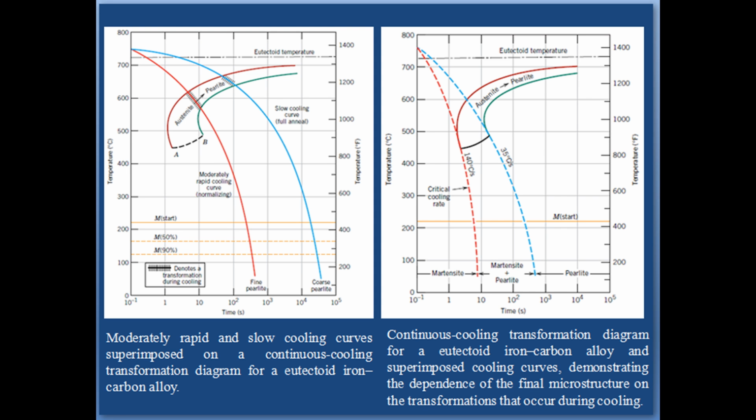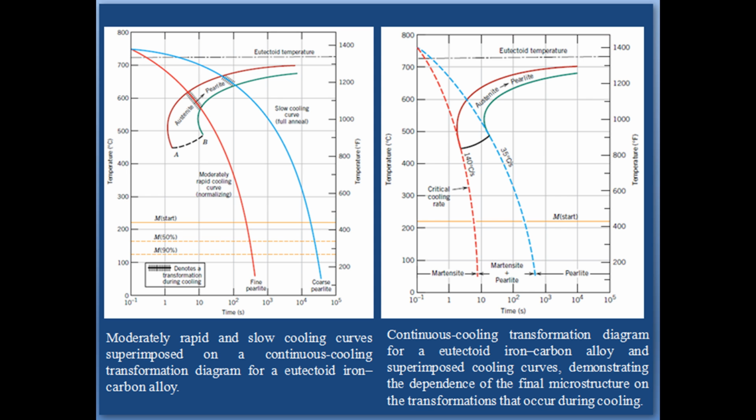This may be verified for an iron-carbon alloy of eutectoid composition by comparison of figures. For the continuous cooling of a steel alloy, there exists a critical quenching rate, which represents the minimum rate of quenching that produces a totally martensitic structure.